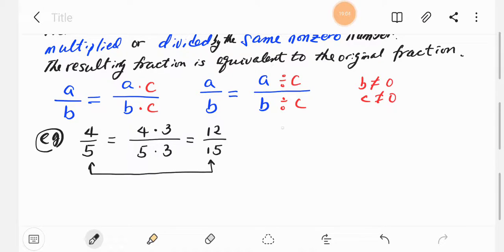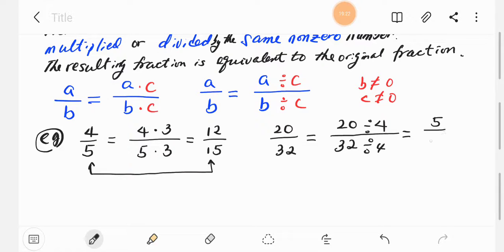Another example. Let's divide this time. 20 over 32. I'm going to divide the numerator and the denominator by the same number, let's say 4. Then the numerator will become 5 and the denominator will become 8.